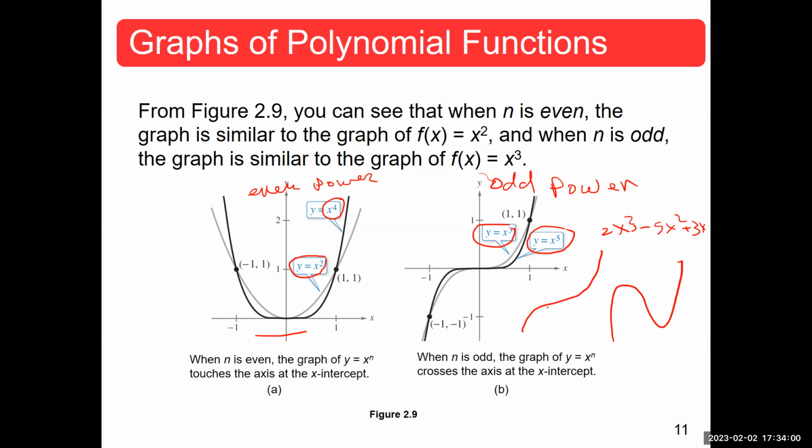So this shape is not like before anymore. It starts to jiggle and have two turns, one here and one here. The same thing for x to the power 4. When you have it more complicated, x to the power 4 minus 3x to the power 3 plus 7x, it may look like this, like a W. It gets more jiggly wiggly.